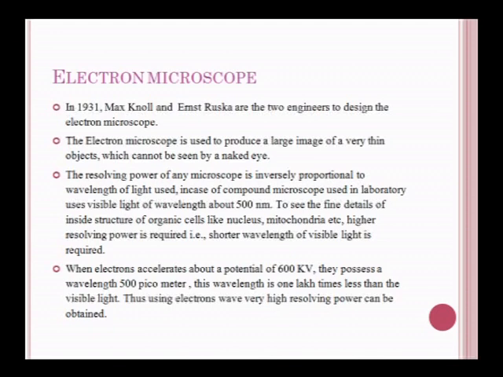As the wavelength comes in the denominator, if the wavelength decreases, the resolving power, the ability to see the object clearly, increases. So, hence we use electrons whose wavelength is very, very small.